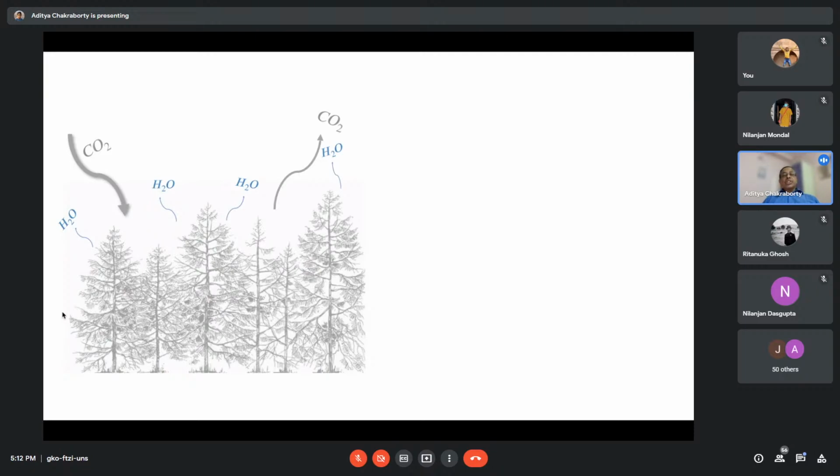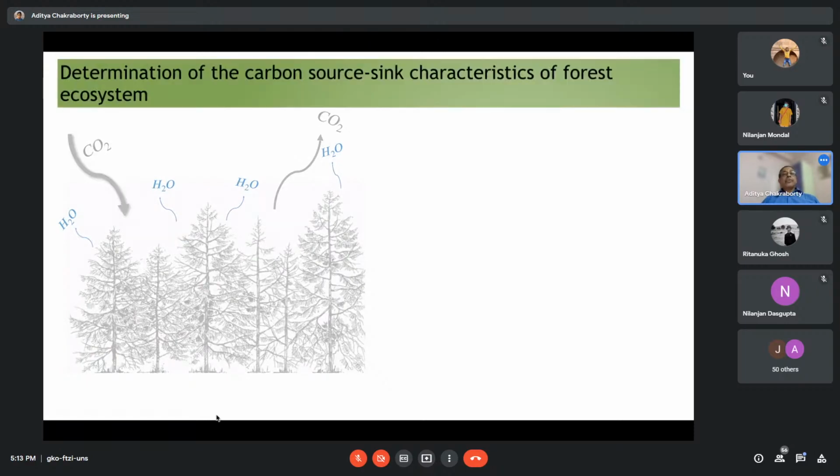Basically, soil moisture is taken and then released through the process of evapotranspiration, which is shown here by these H2O wavy lines. So we'll be talking mostly about these carbon transfer processes, and particularly a specific forest in Northeast India, which is the Kaziranga National Park.